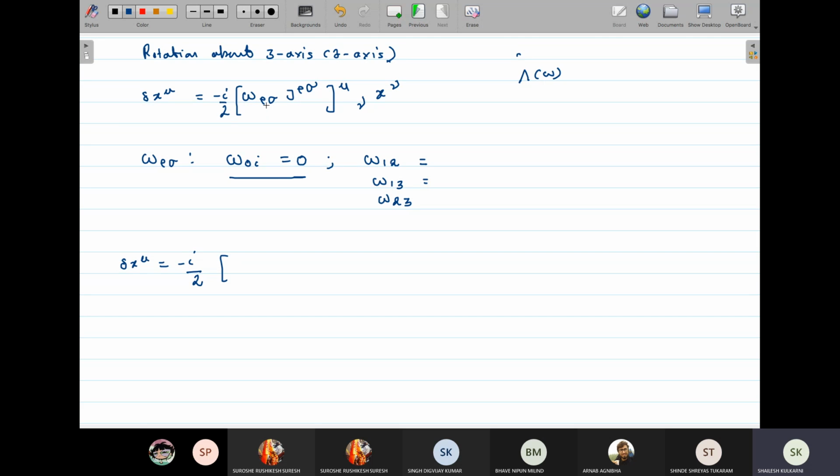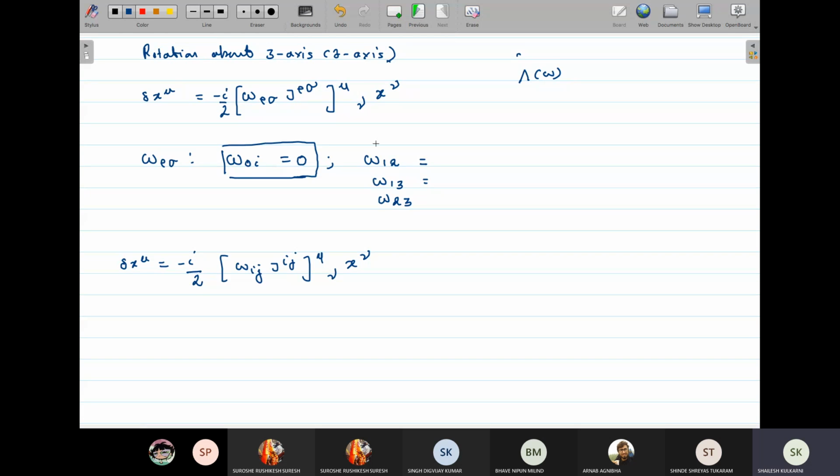If rho equals 0, sigma equals i, then also it is 0. So I will get the contribution only from omega ij, that is spatial indices, J ij, omega mu nu x nu. Agree? I use this relation because we are discussing rotation.